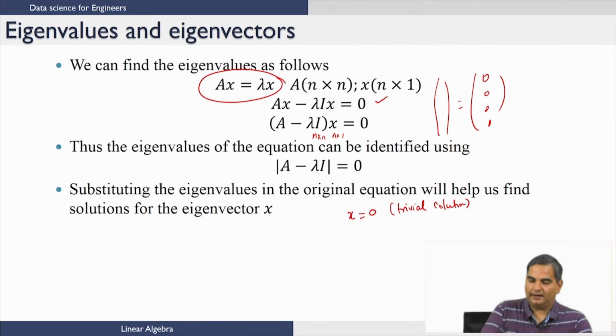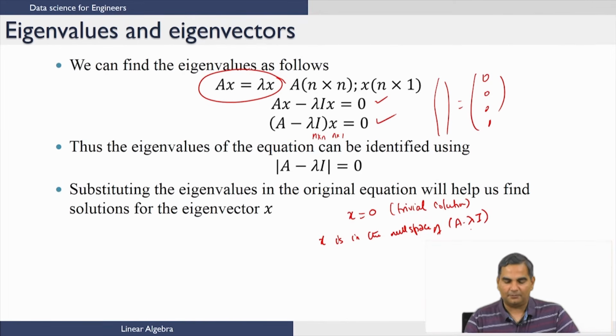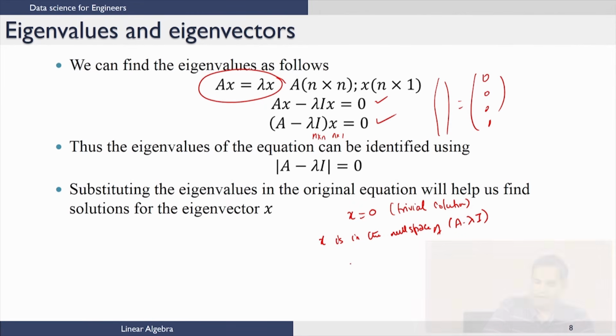Now, notice that if this equation is solvable, then x is in the null space of the matrix A minus lambda I. This is something that we have seen before while we defined the null space. And we also know that the rank-nullity theorem says the rank of the matrix plus nullity equals n, which is the number of columns.